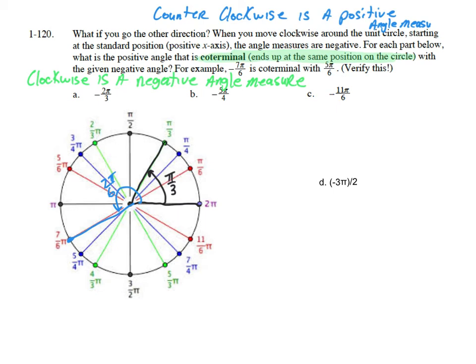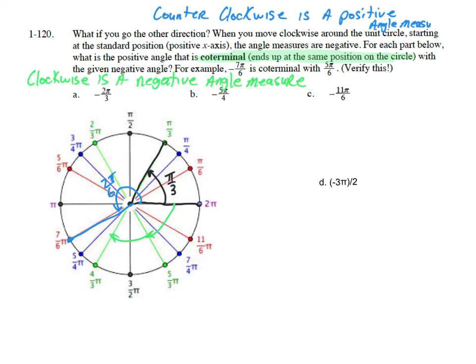So think of it like this in part A. If I go a negative 2 pi over 3, which means I'm going to go 2 pi over 3 radians in a negative direction, what is the equivalent of going in a positive direction? So let's count out 2 pi over 3 in a negative direction. 1 pi over 3, 2 pi over 3.